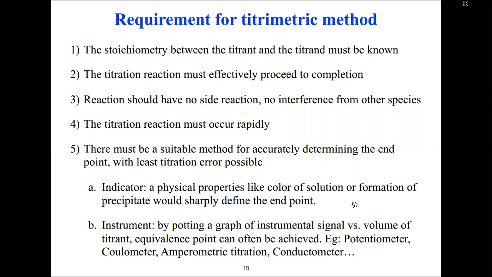There must be a suitable method for accurately determining the endpoint, like an indicator, for example, or there must be an instrument. So for this one, we'll be using an indicator. Indicator is the common approach for our course. However, I'll be showing some of the slides on what would have happened if we use an instrument, or how it is measured in the instrument.